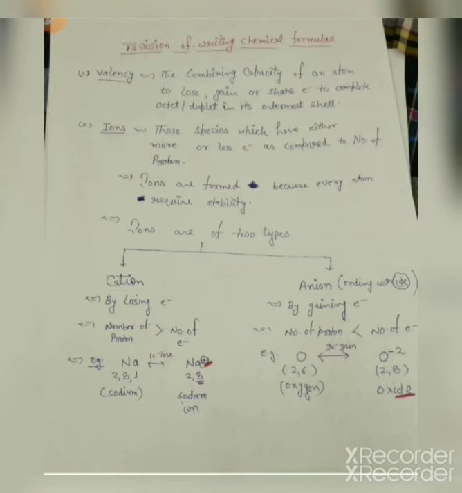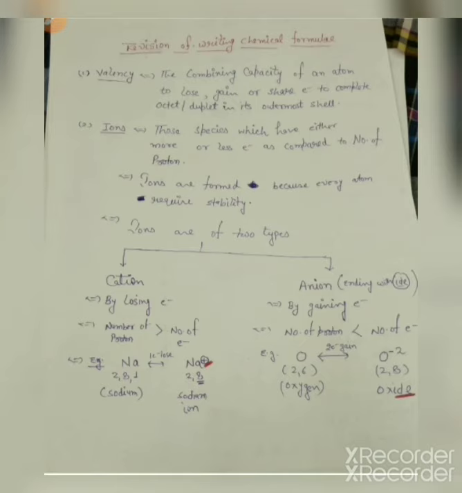What is cation? Cations are those ions formed when electron is lost from their outermost shell to complete the octet. In case of cation, number of proton is always higher than the number of electron. Let's take an example, sodium. We know the configuration of sodium is 2, 8, 1.